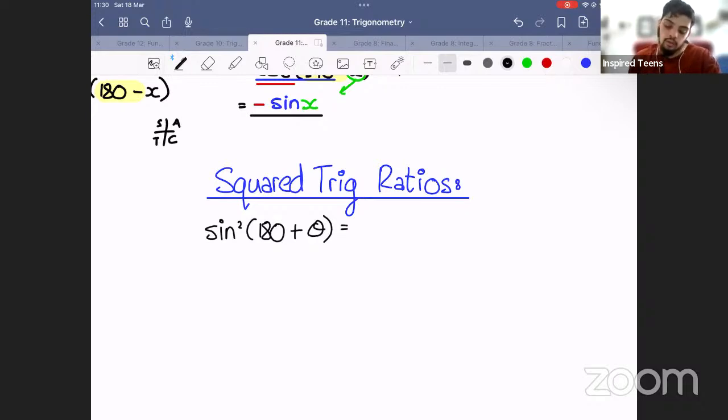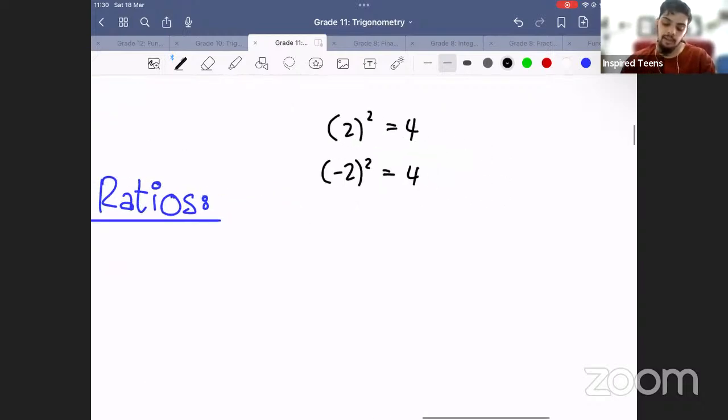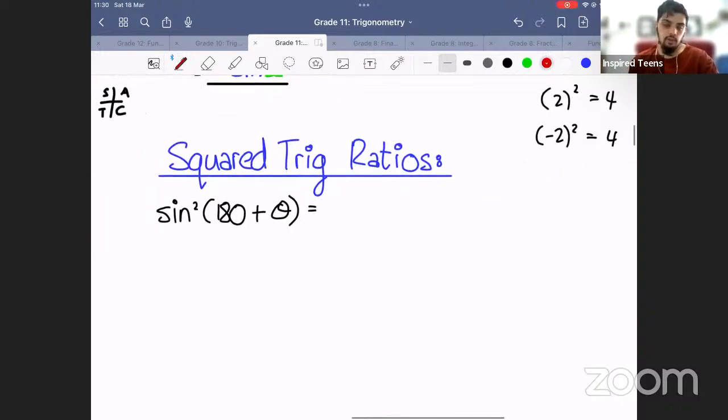Remember, anything squared is always positive because you're going to put brackets. If I have 2 squared, this is 4. If I have negative 2 squared, this is also 4. Put it in your calculator and try it, because it's like you multiplying. Remember, this is essentially negative 2 times negative 2, and a negative times a negative is a positive. So anything squared is always going to be positive.